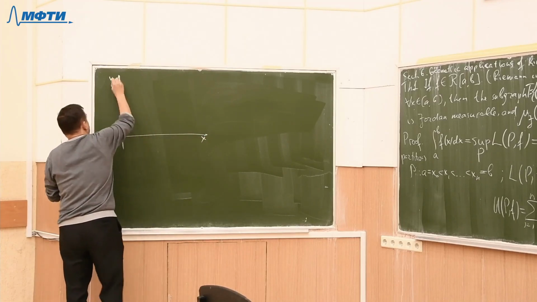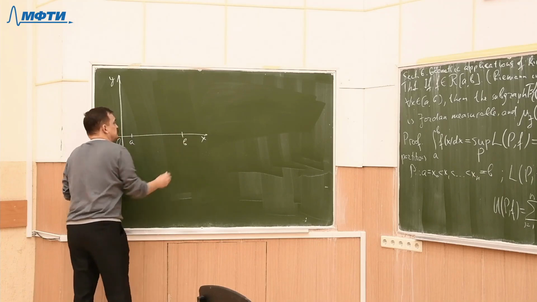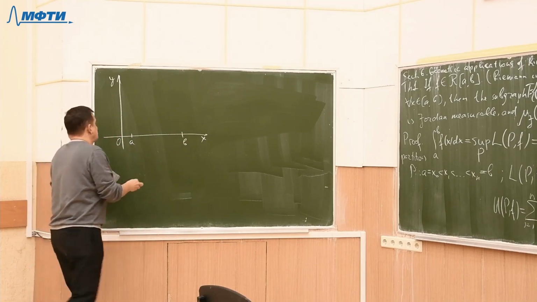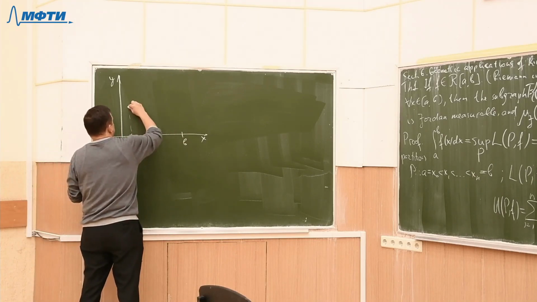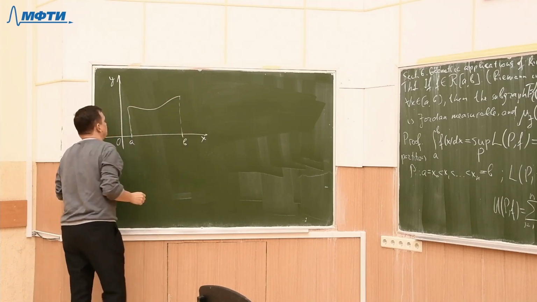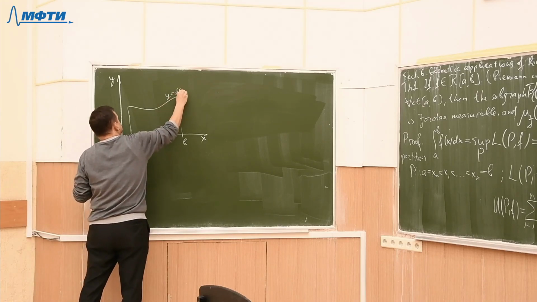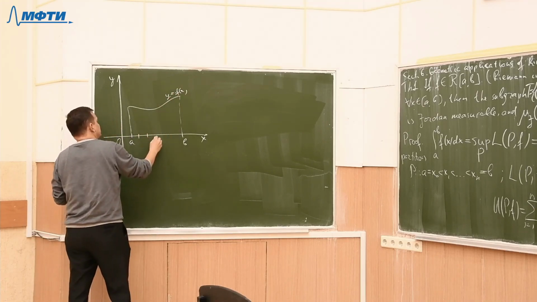x, y, a, b. So we have our subgraph, it's here, that one, y equals f(x). We have a partition.